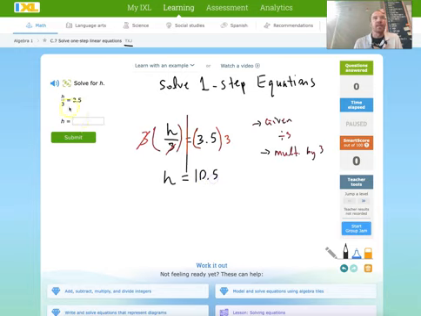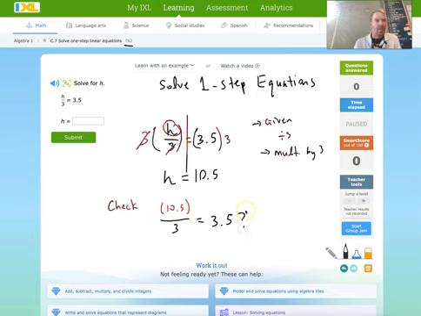Now I can certainly type that into IXL, but what I have the power to do is to check for myself if this value, 10.5, is a good solution. So if I take the 10.5 and put it in for h, is 10.5 divided by 3 equal to 3.5?